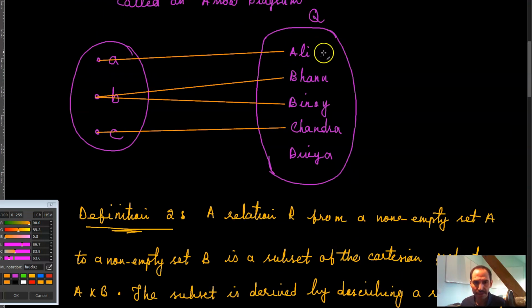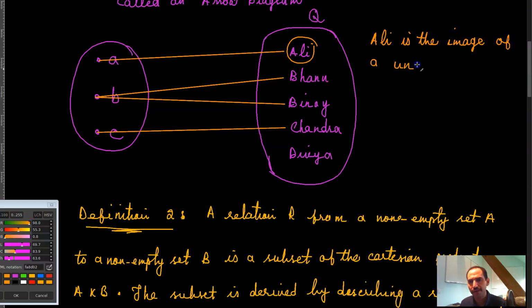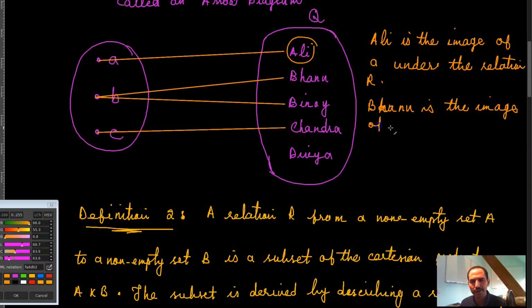That means that over here, you can say that Ali is the image of A, the image of A under the relation R. You can also say that, for example, Bahanu is the image of B under, again, the relation R, and so on and so forth.